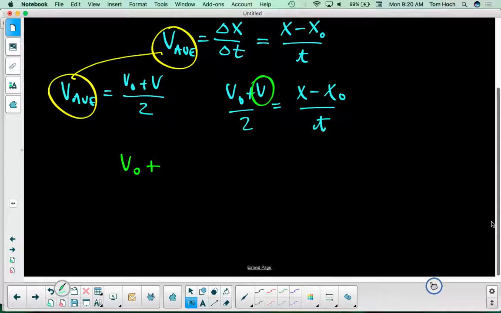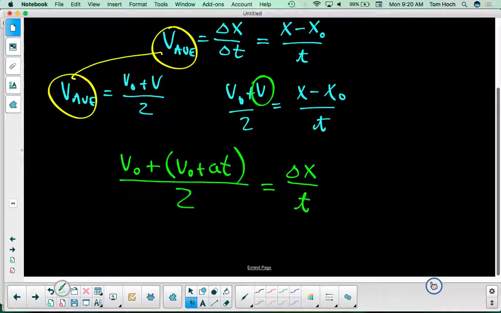So I'm going to put V0 plus V, but for V I'm going to put V0 plus AT all over 2 equals. I'm sorry to do this to you, but I'm going to call that delta X again. Doesn't matter what I call it, X minus X0 or delta X, does it? Still not done, but it's going to get done in a moment here.